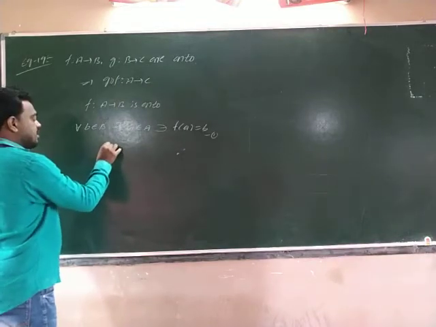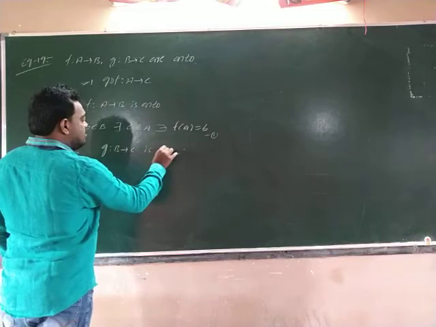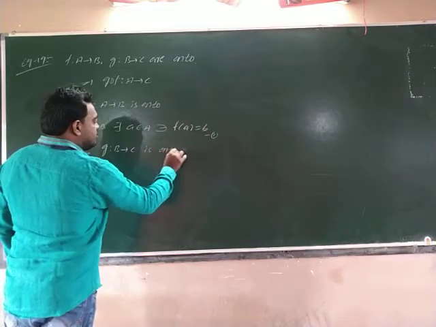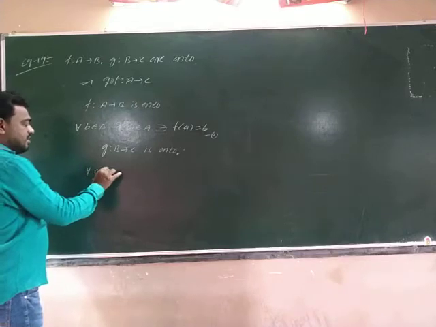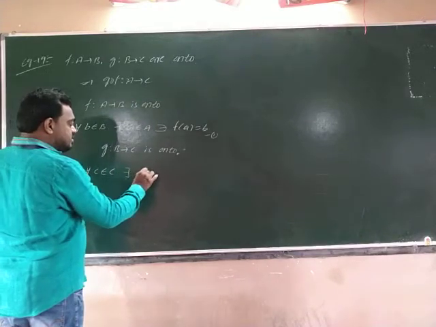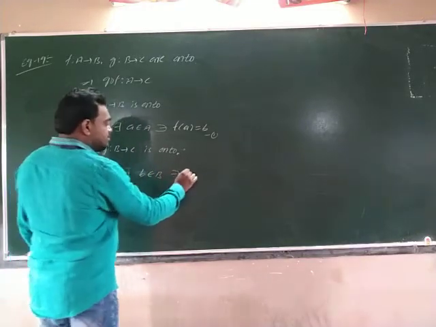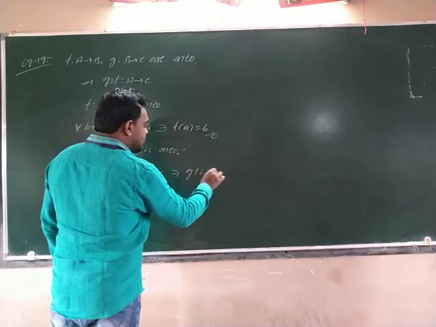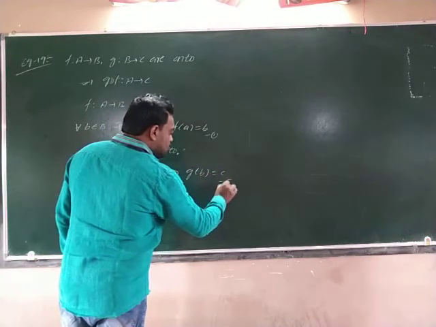Next, similarly g is a mapping from B to C, also onto. For all c belongs to C, the codomain element, there exists b belongs to B such that g of b is equal to c. This is equation number 2.